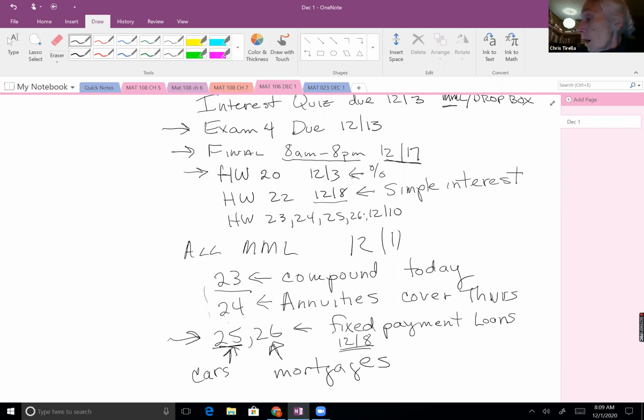So it should not take too terribly long to do. It's something that probably could be knocked out in half hour, 45 minutes once you get your house picked.